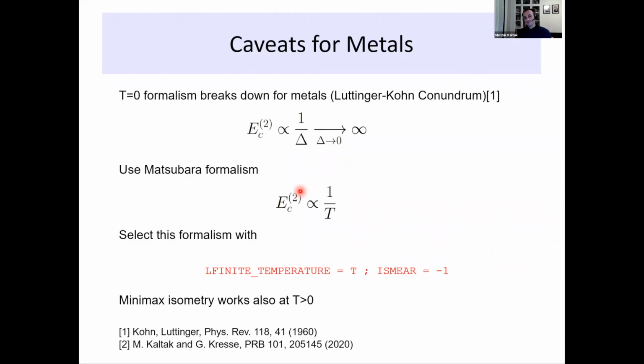So you map the system onto the imaginary time axis, and then you will see that these correlation functions, like the polarizability or the Green's function, will have a periodic or anti-periodic dependence on this imaginary time. And the period is basically given by the inverse temperature. And this is how the Matsubara formalism works. So it's really a nice formalism.